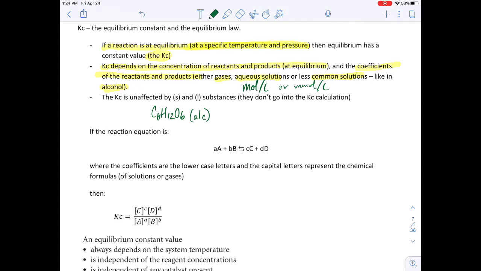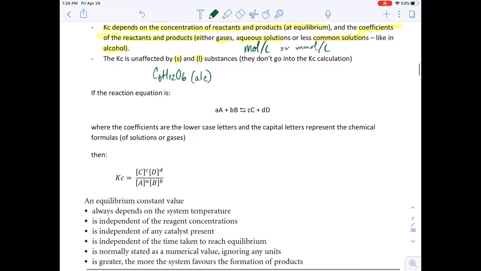And so we could calculate a mole per liter concentration for either an aqueous solution, an alcohol solution, or for a gas. So Kc calculations are unaffected by solids and liquids. Those are considered constants when we talk about equilibrium systems, and so they do not get into the calculation.